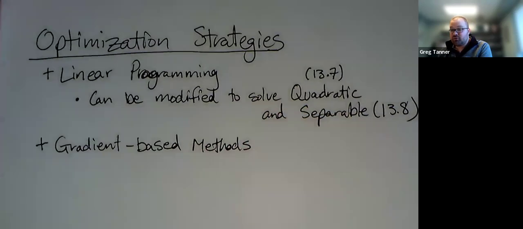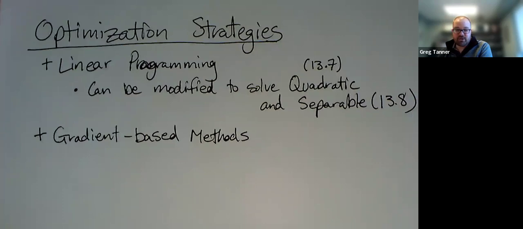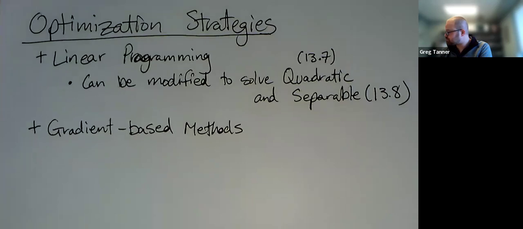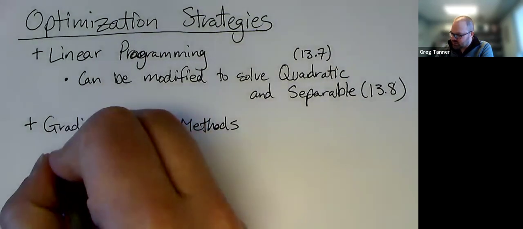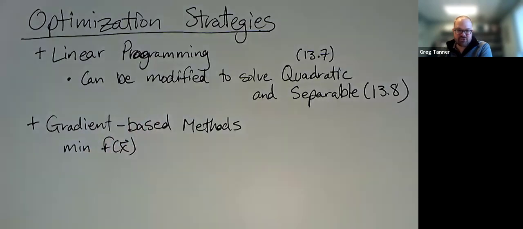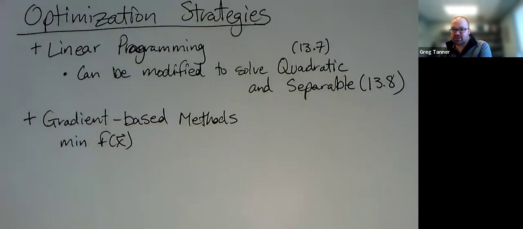These are in general good for convex problems, especially when you have a convex problem with a continuous objective function that's also differentiable, or you can take a derivative of. Okay, and so these ones you're usually looking at min of f of x. It might have constraints. Oftentimes, these objectives don't necessarily have constraints, and it's just the objective. And so let's say f of x is our objective function.